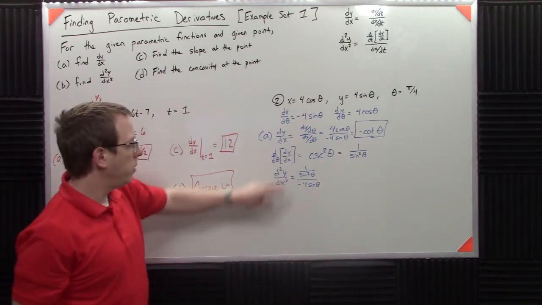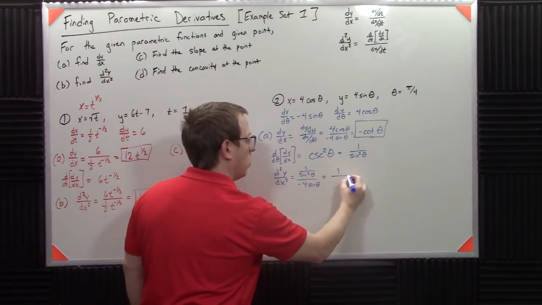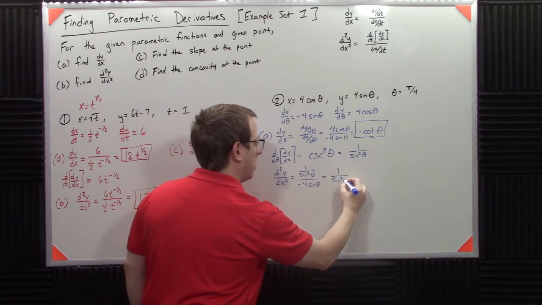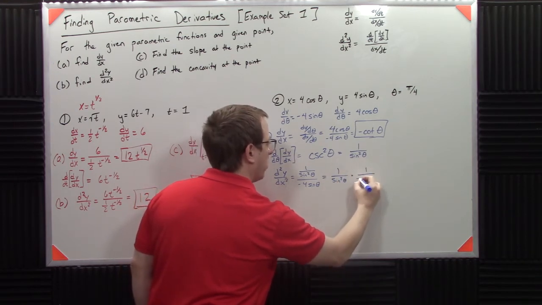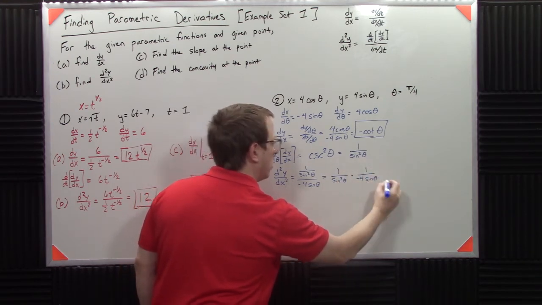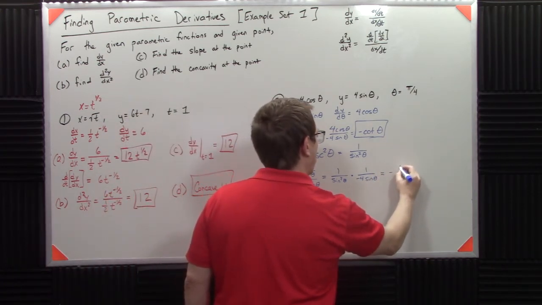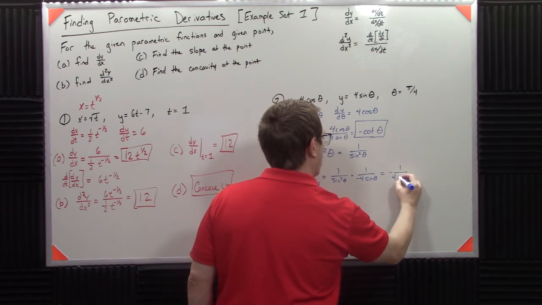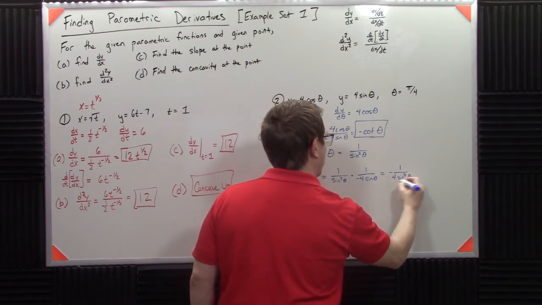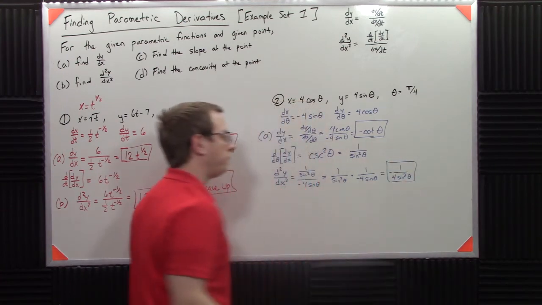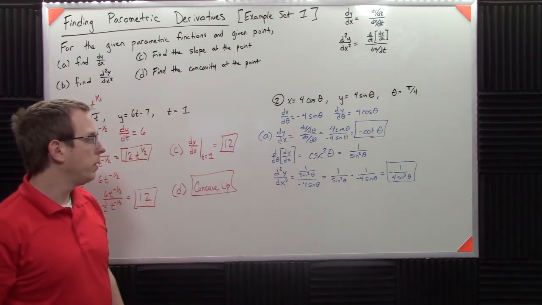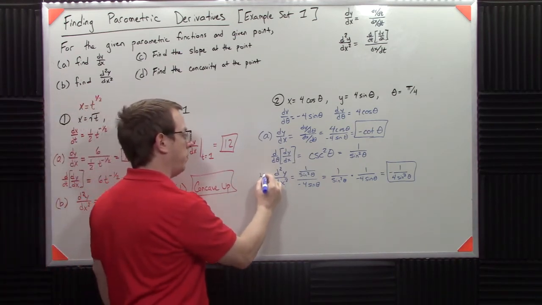Algebraically we can write that as 1 over sine squared times 1 over negative 4 sine of theta to get negative 1 over 4 sine cubed theta. Negative 1/4 sine cubed theta, that's part B.